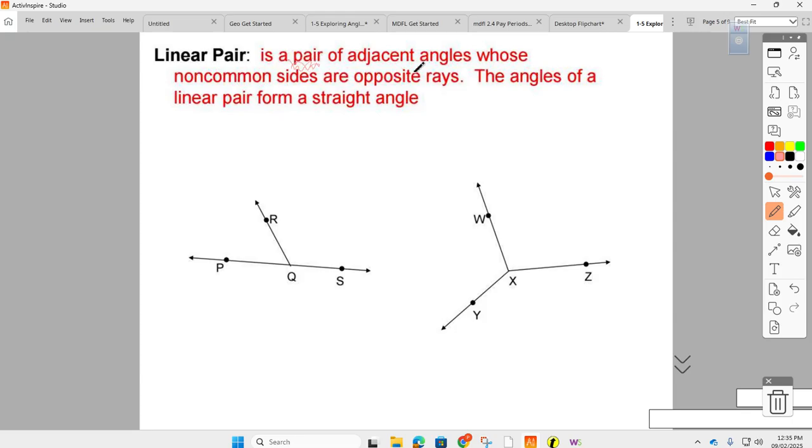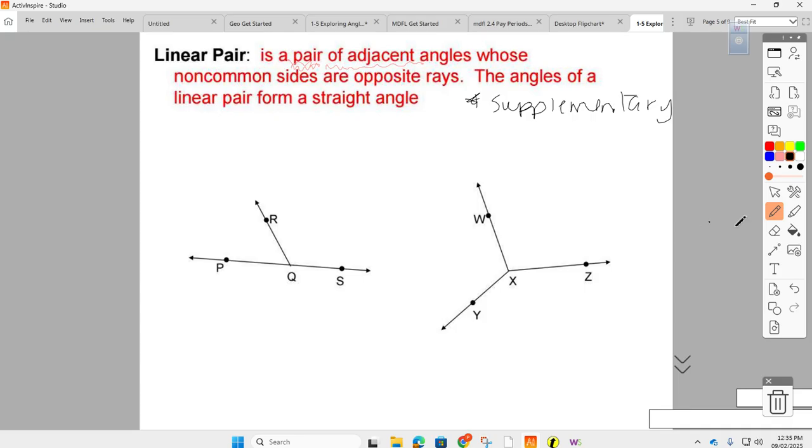A pair of adjacent angles. So when it comes to linear pair, location does matter. They do have to have a side that they share. So they are also supplementary, because one of the pairs of sides forms a line.